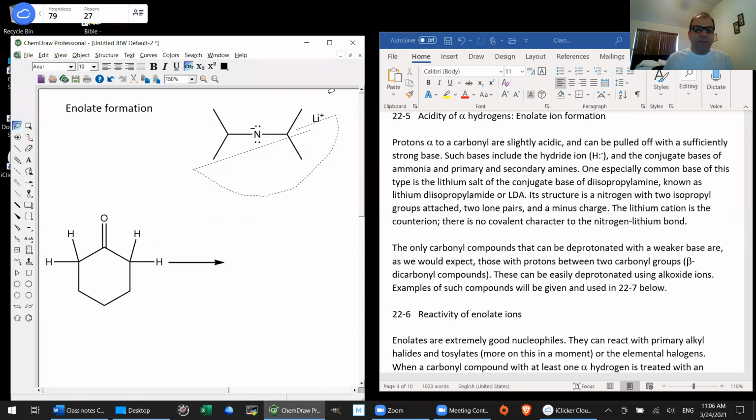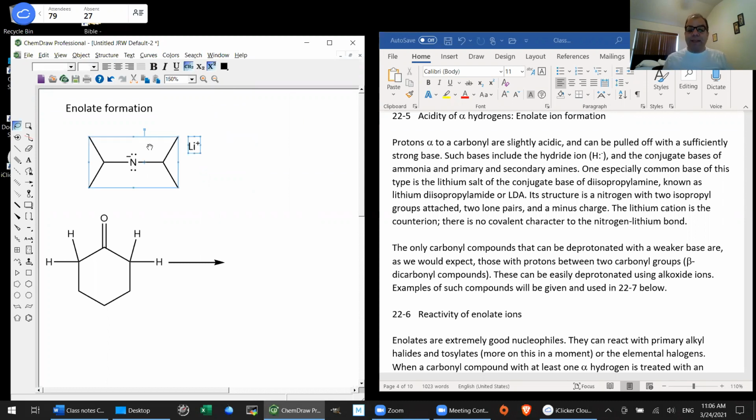So this is quite often used as opposed to a metal hydride base or sodium amide or something like this. And this guy is LDA, which stands for lithium diisopropyl amide. And it is strange that that word amide is used.